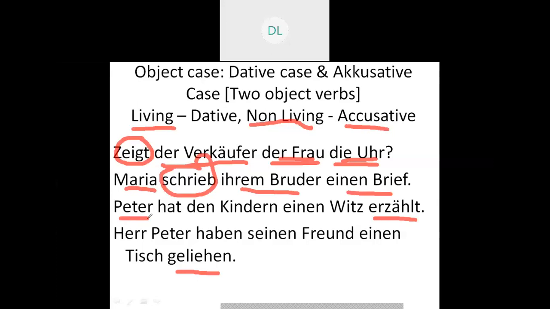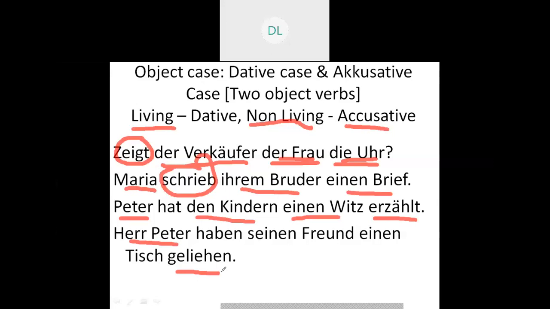So Peter is your subject, the kids are your object. Which object? Dative object, because it is living. Einen Witz is accusative, non-living. On the same grounds, Mr. Peter hat seinen Freund einen Tisch geliehen. That is, Mr. Peter has lent a table to his friend.